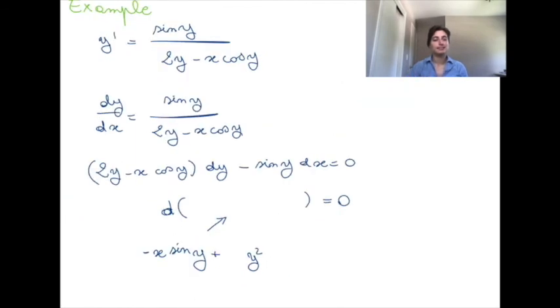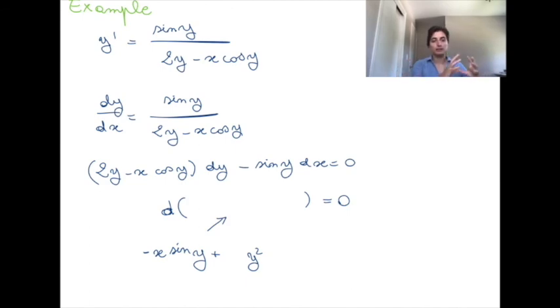Let's look at an example of how this can work out. We have y prime equals a fraction between sine of y and 2y minus x cos y. We can write it as dy over dx equal the same fraction. Then we multiply everything by 2y minus x cos y and by dx.